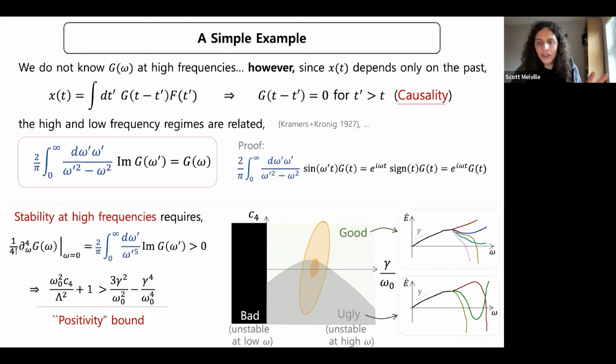And in this ugly region, the idea is that all high energy models that are causal will at some point go negative. So that's the sense in which this is an unphysical region of parameter space. There is no causal model in which you would have stability to arbitrarily high frequencies. Good.